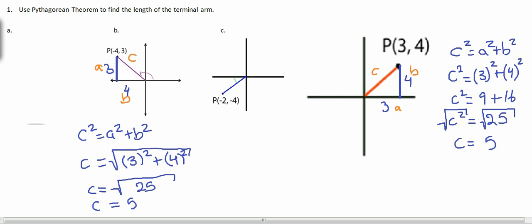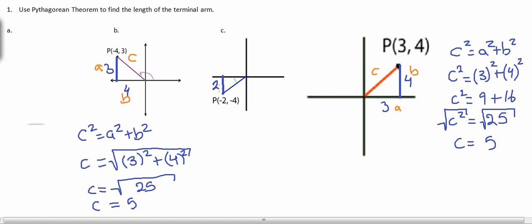A little less writing. And finally, for the last question, we're still going to have a right angle triangle, but it's going to be a little upside down compared to the other two. We're still going to use the positive lengths.